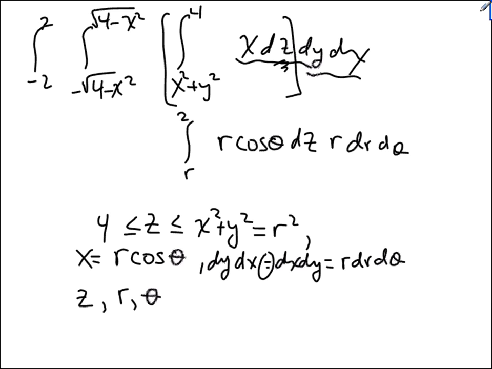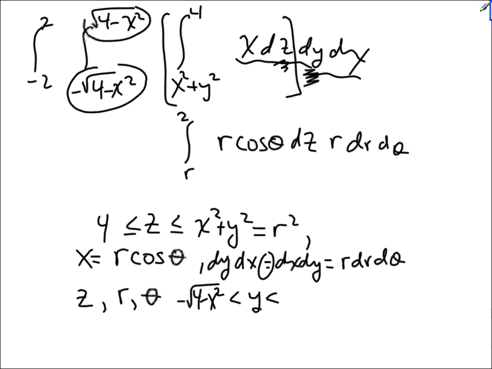Now, the next integral says that y goes between negative the square root of 4 minus x squared and positive the square root of 4 minus x squared.